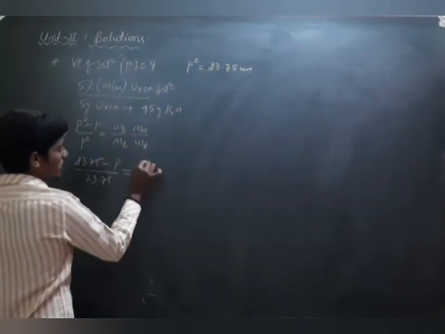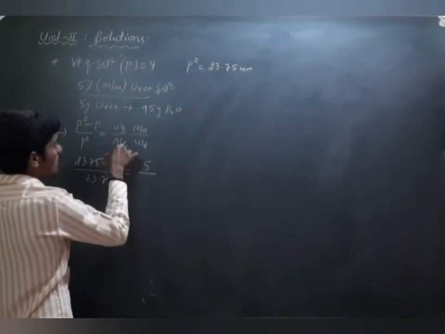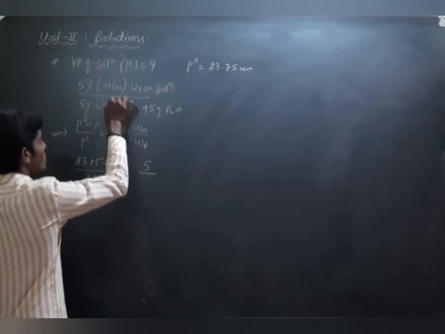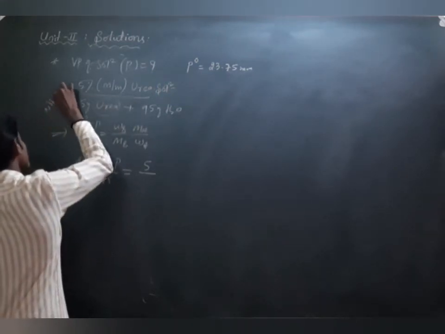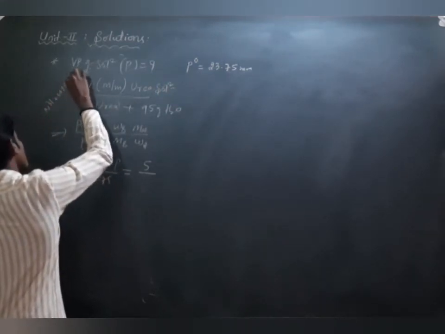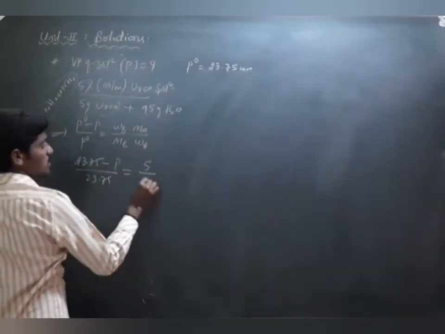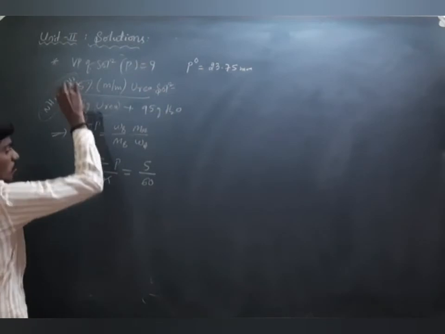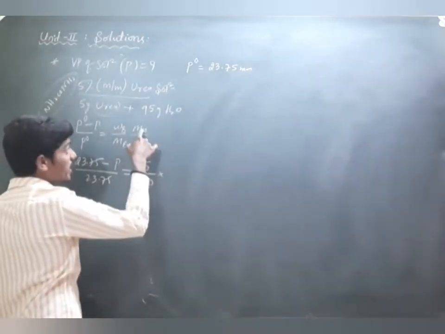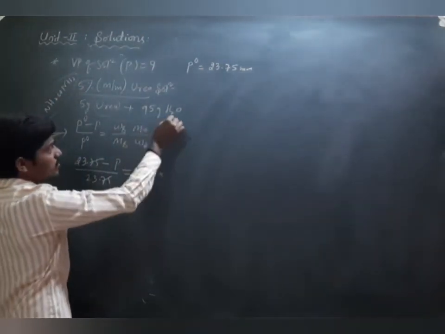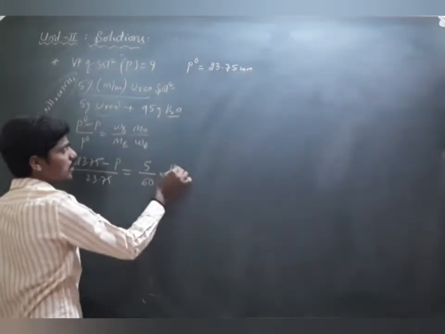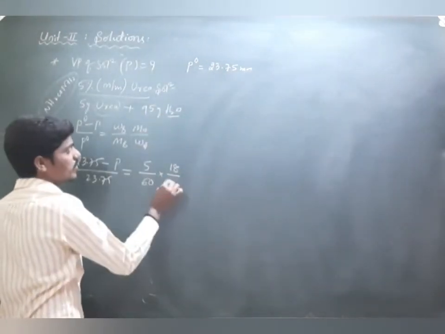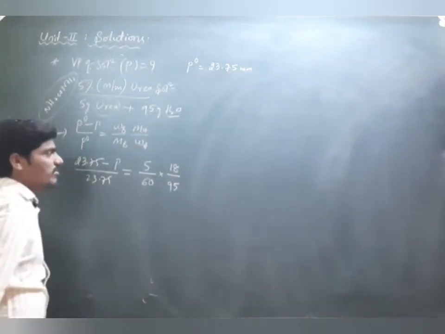WB is the given mass of solute, that is 5. The molar mass of solute urea, formula NH2CONH2, is 60. Verify, the molar mass of NH2CONH2 is 60. MA, the molar mass of solvent water, is 18, and the given mass is 95.